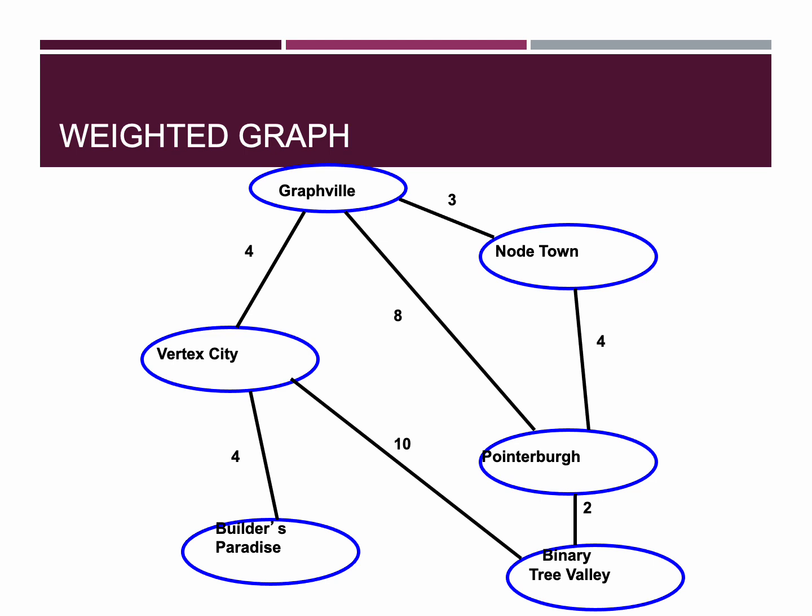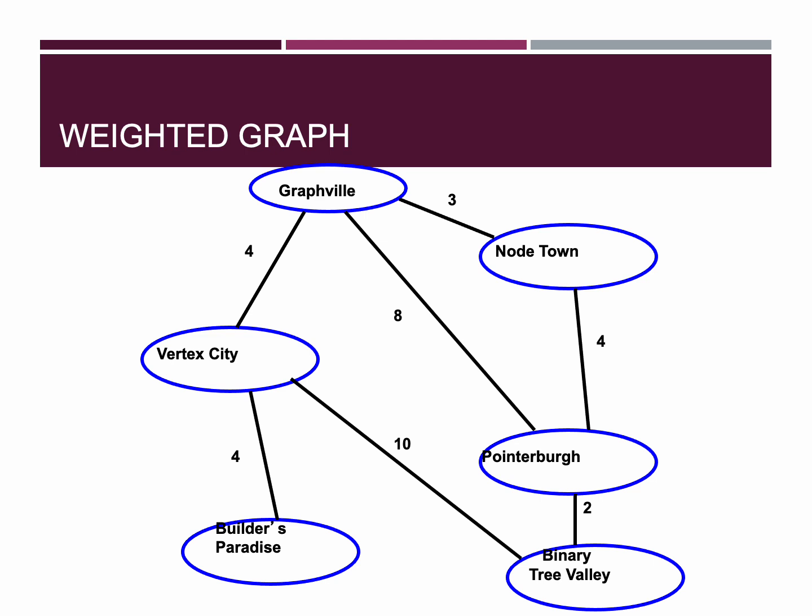From this graph you can find the shortest path to some place. If you want to go from Builder's Paradise to Pointerberg, you can go multiple ways, but if you want to find the shortest path, you can just calculate. If you go from Builder's Paradise to Vertex City first, that is 4 miles. Then if you go to Grafville, 4 miles, total 8.